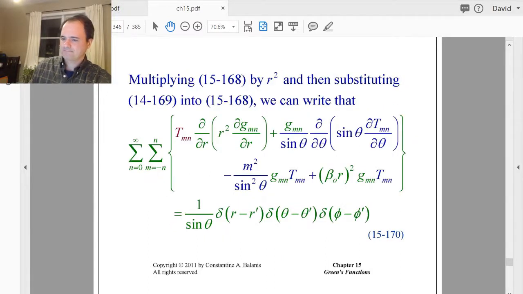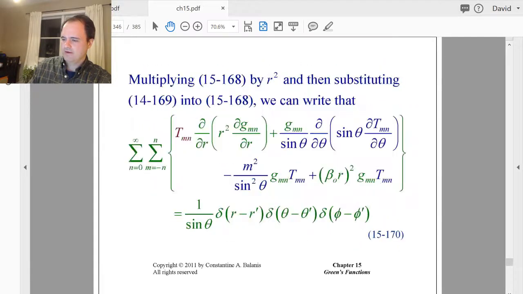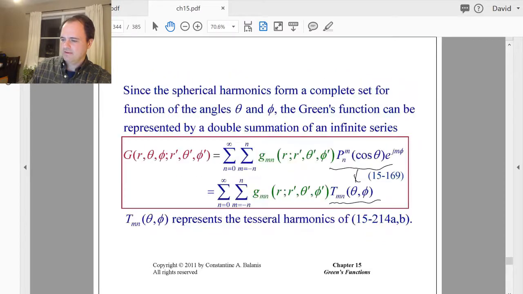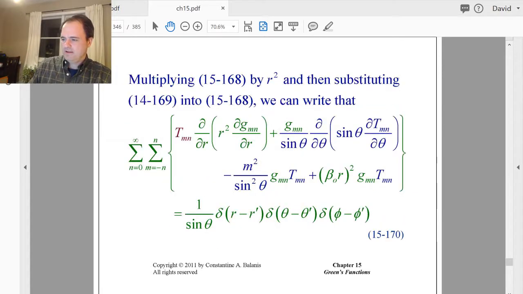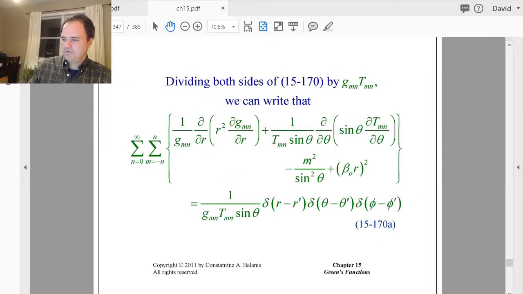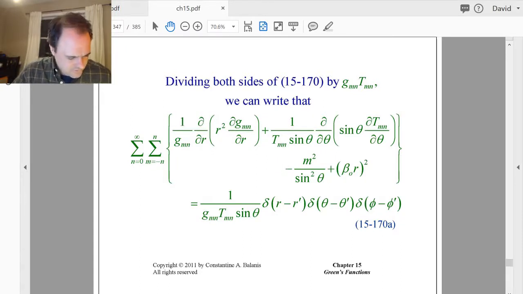All right, so multiplying this equation by r squared and substituting this into the equation as well, we get this. Now this is where they start making errors in this section.